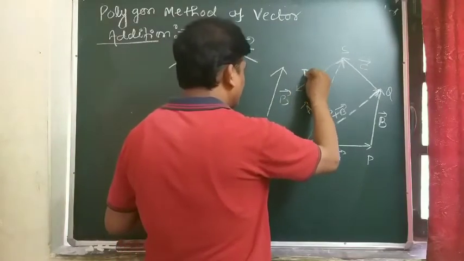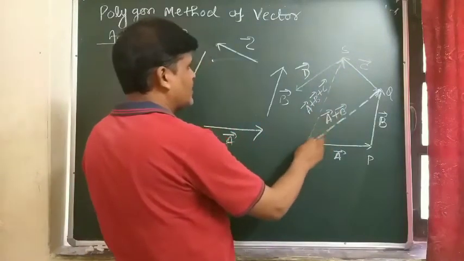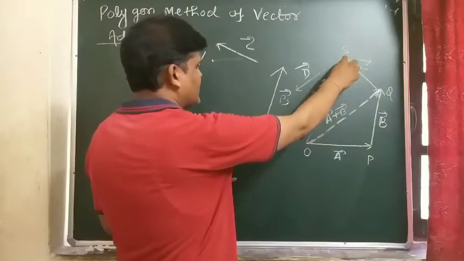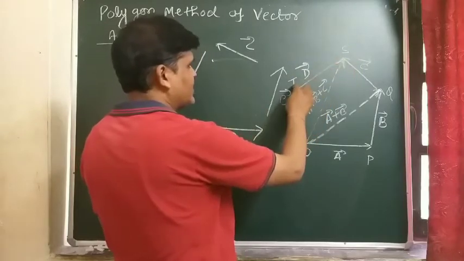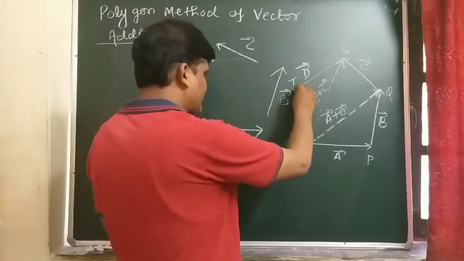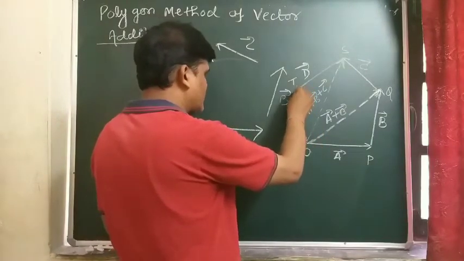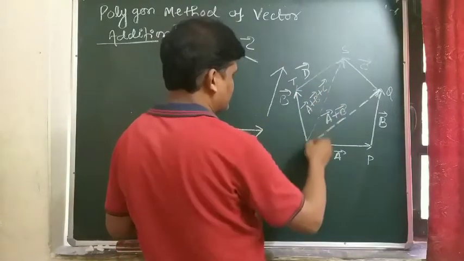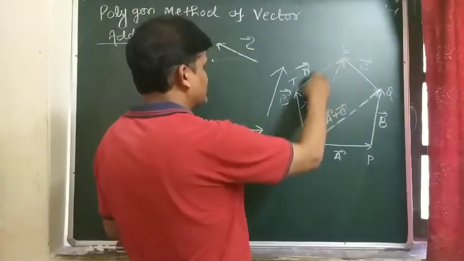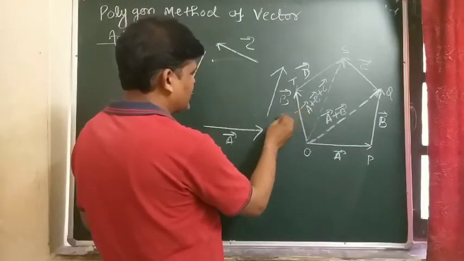So this is the vector D, and student, the first vector is the OS vector, and the second vector is the ST vector, and the resultant we have to find from the initial position O, and its direction is taken in the opposite direction of the OS vector and ST vector, and this is the resultant vector.